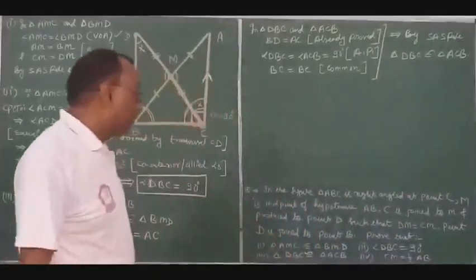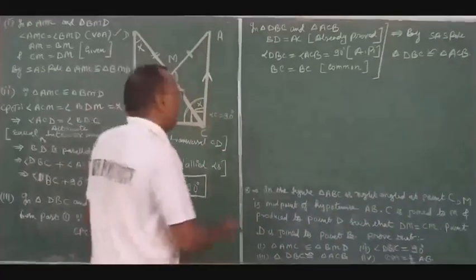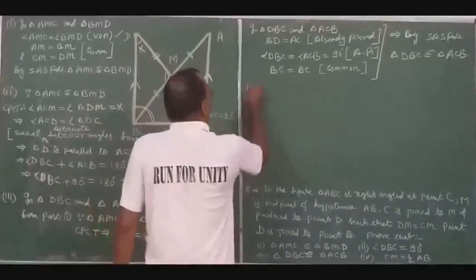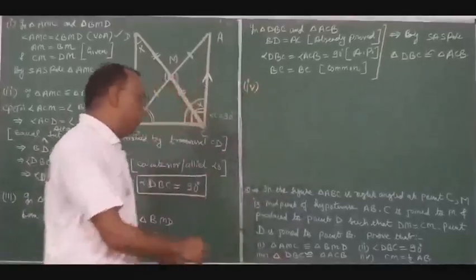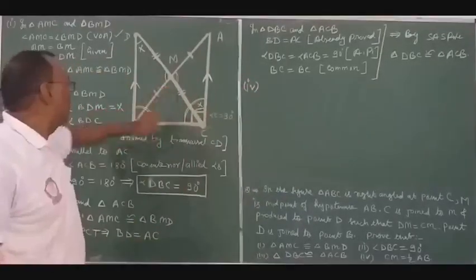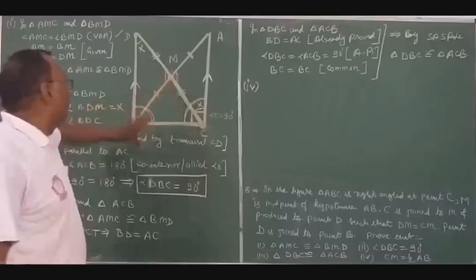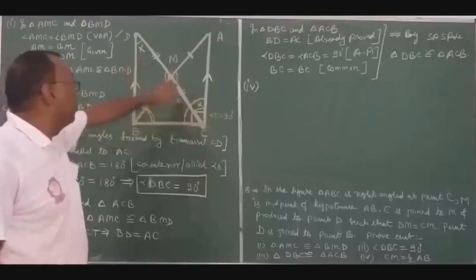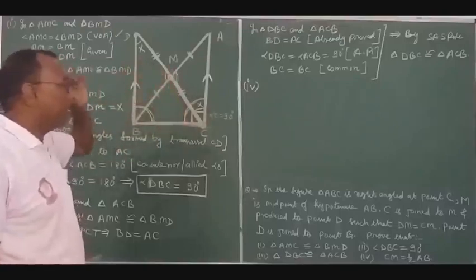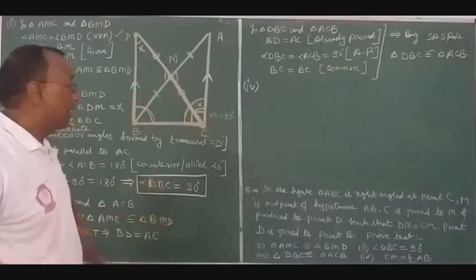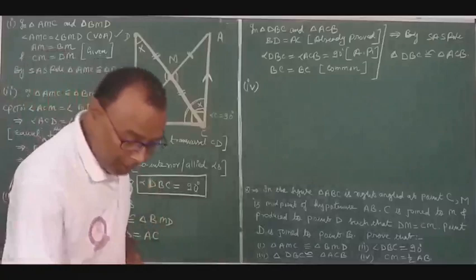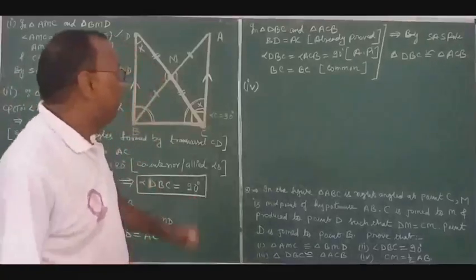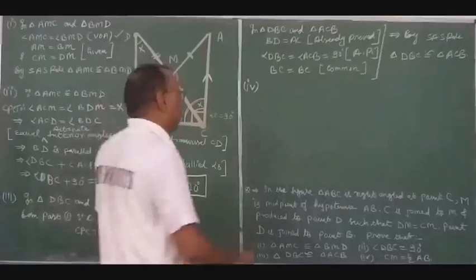Now look at the fourth part. Now we have proved that these two triangles are congruent, triangle DBC and ACB.